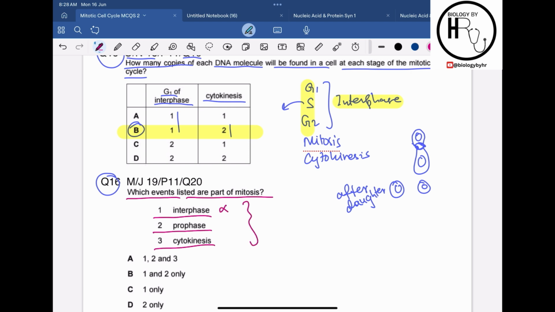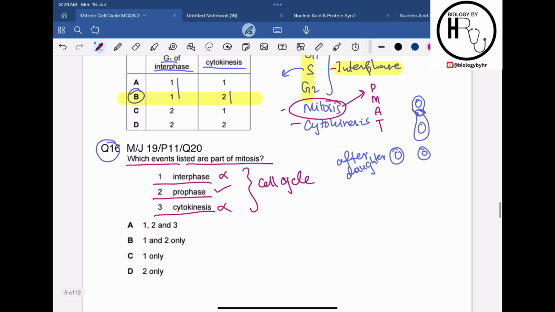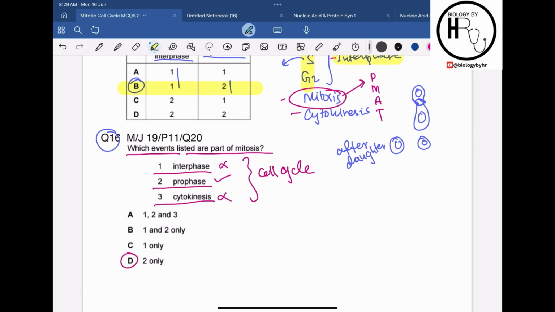Obviously these all are part of the cell cycle, but not particularly the mitosis. Which parts come under mitosis? Prophase, metaphase, anaphase and telophase. So prophase, yes, is a part of the mitosis. Cytokinesis is not a part of the mitosis. Cytokinesis comes separately, right? So hence the correct answer over here would be option D, 2 only.